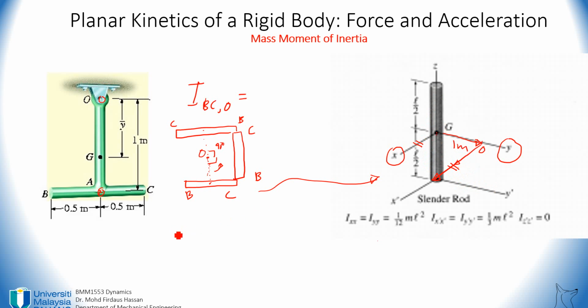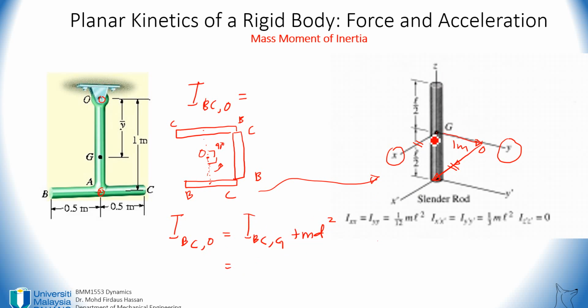So what we can do is take I BC at O by the parallel axis theorem: I BC at G plus M D square. So I BC at G is what?